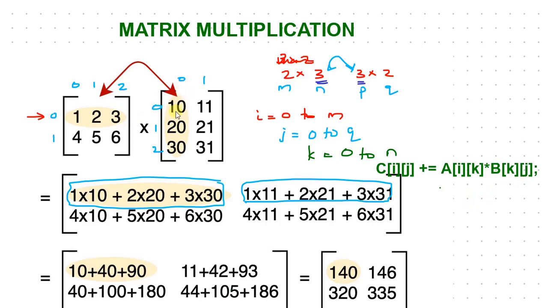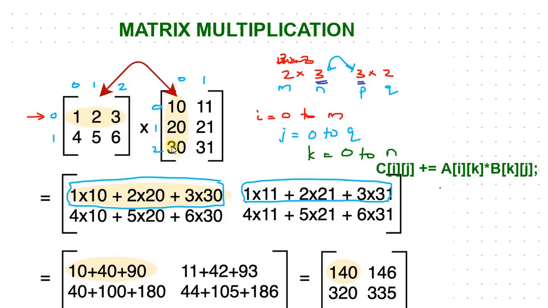And when we are taking the second element, that is from the second matrix, the j value will remain the same, the column number remains the same, the row number changes, right? The k value changes from 0, 1 and 2. So when you are taking the first matrix A, the k value changes from 0, 1, 2. Okay, so you have the numbers 1, 2, 3 corresponding to that.